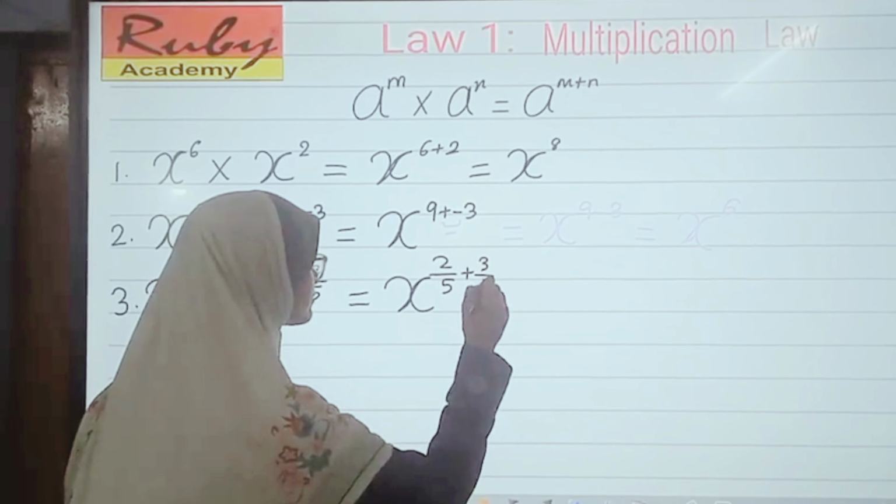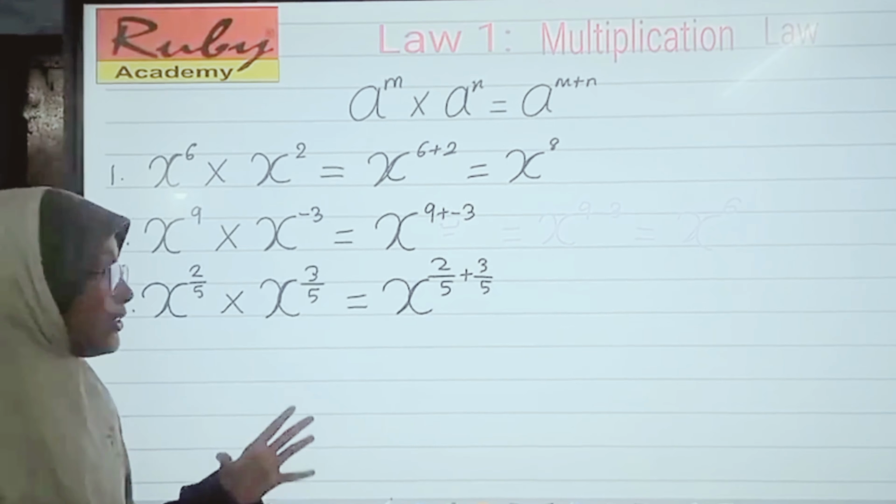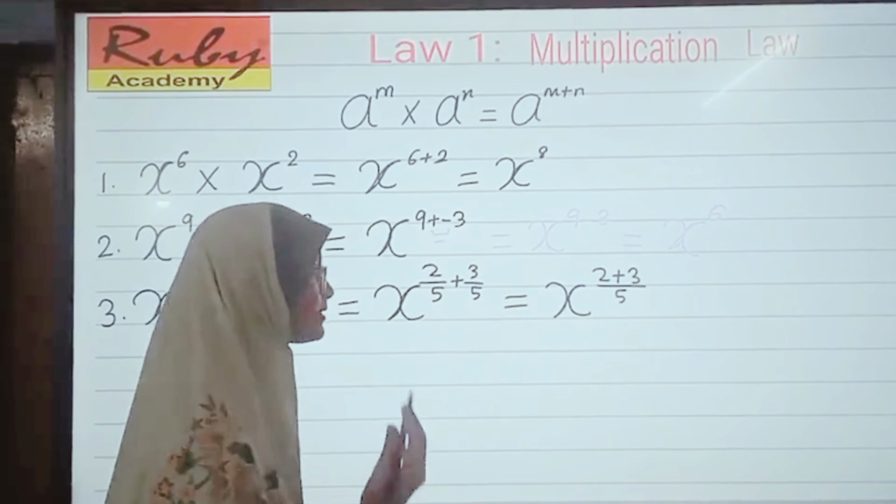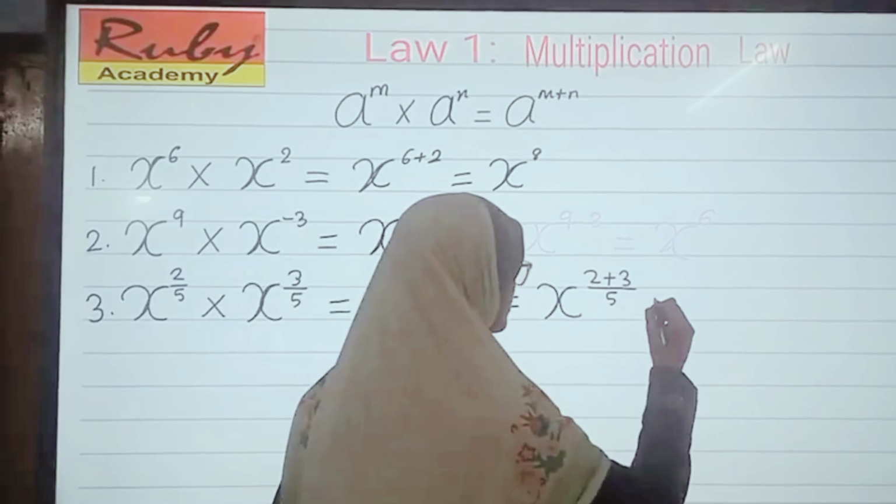Now the fraction rule: if the denominator is the same, we add the numerators. So x raised to 2 plus 3 upon 5, because the denominator is the same, which is equal to x raised to 5 by 5. 5 by 5 can be reduced to a whole, so we can directly write this as x.